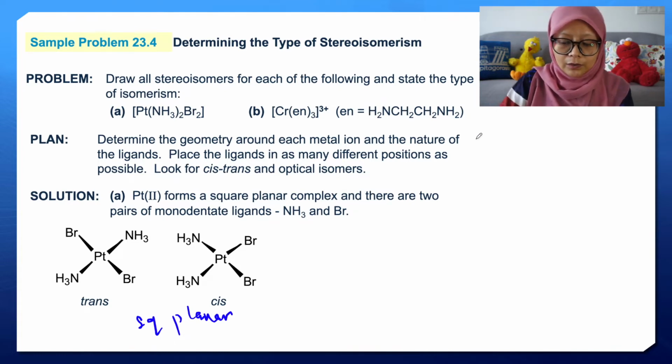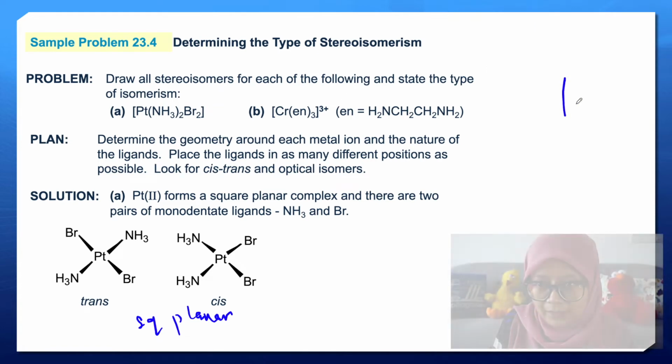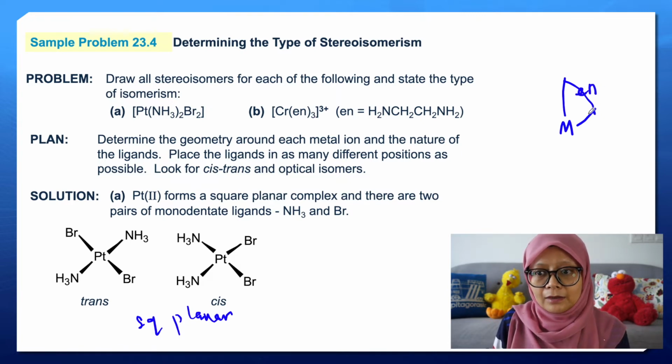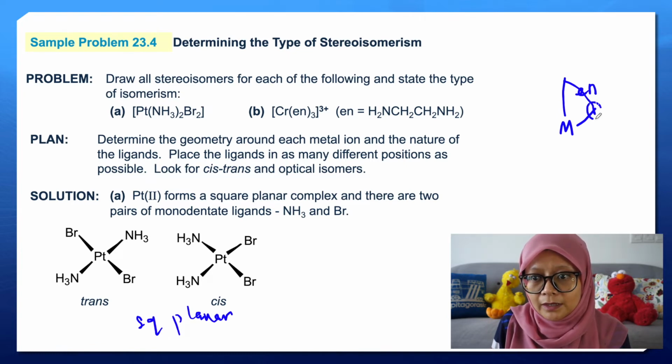Just to inform you, in order for you to draw the en, you can draw it like this. Let's say this is the metal, and here you need to put the en. It is a bidentate ligand, where the metal is connected to the first nitrogen and the second nitrogen. This is nitrogen number 1 and this is nitrogen number 2.